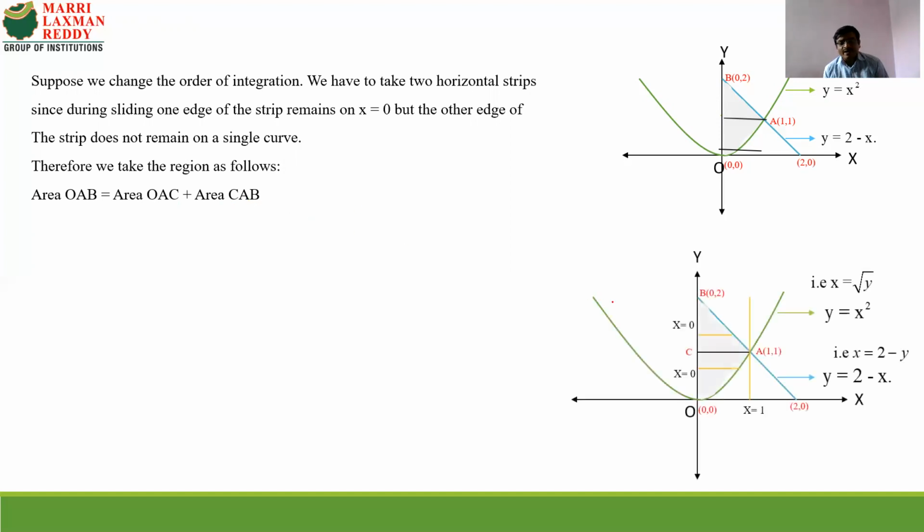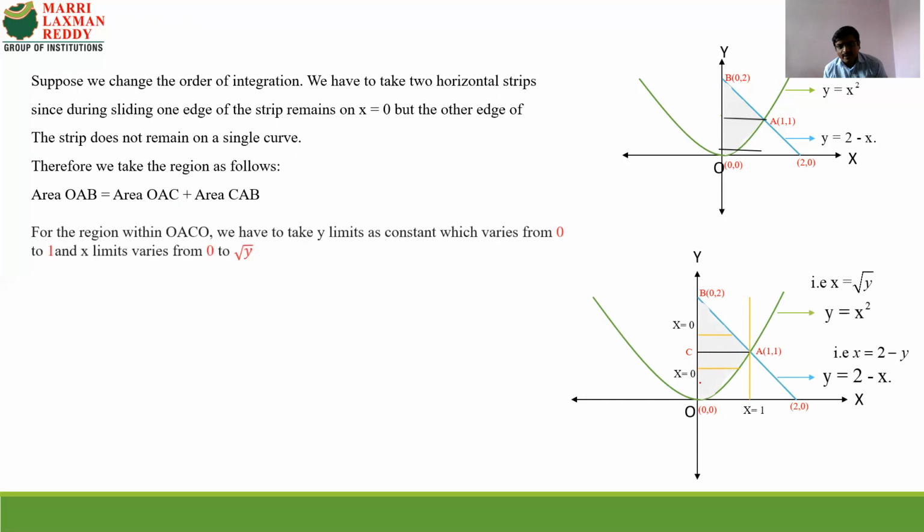After dividing this into sub-regions, in the first sub-region we have to draw one horizontal strip, and in the second sub-region we have to draw another horizontal strip. Now I'm taking this sub-region, bounded by the points O, A, C, O. Imagine that this is a subregion R1.